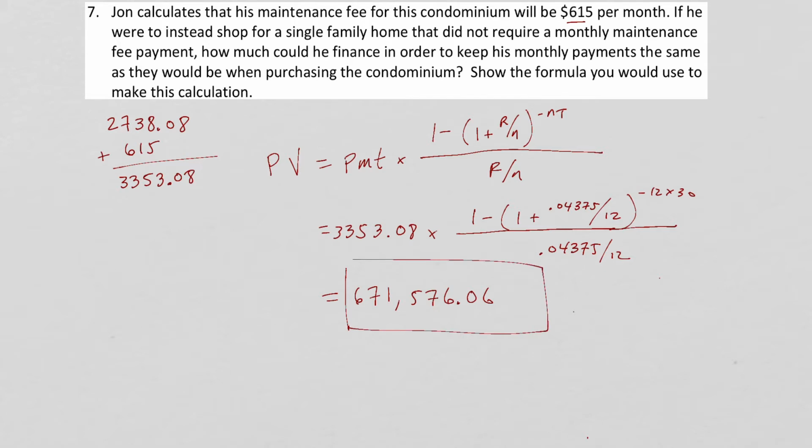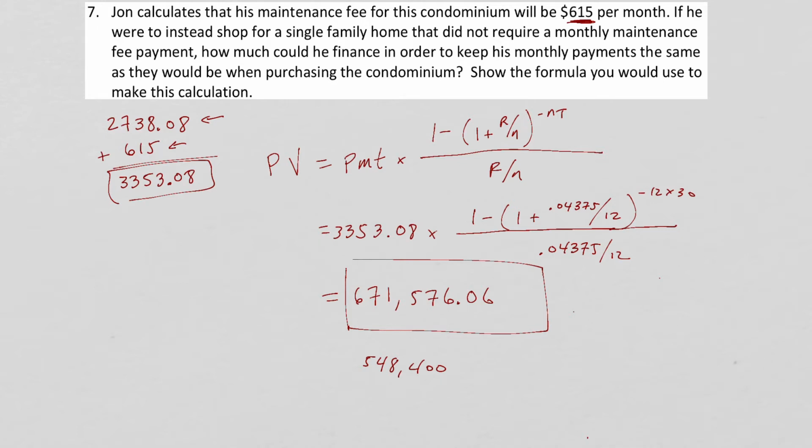But what I think is important is to compare this to what we could have borrowed in the first place. Originally we were talking about borrowing $548,400. That was because our budget included our monthly payment plus this amount. So in other words, we had a $3,300 a month budget, okay?